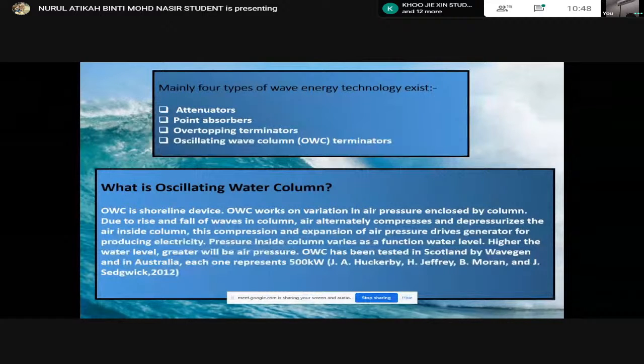Tidal energy is power produced by the surge of ocean water during the rise and fall of the tide. The third one is marine current. Marine current is a form of marine energy obtained from harnessing the kinetic energy of marine currents, such as the Gulf Stream.